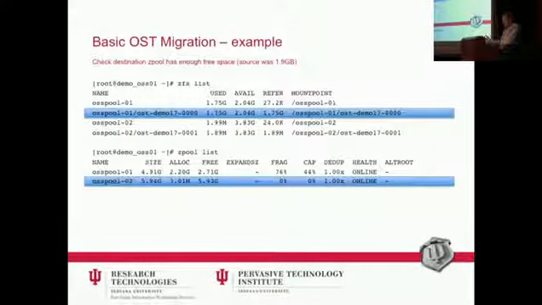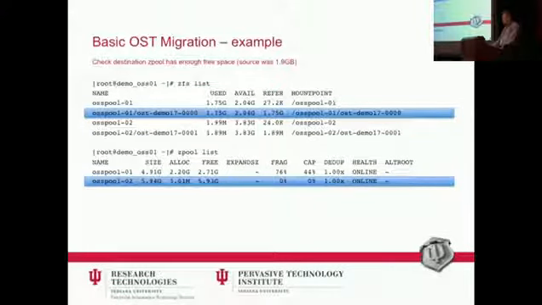One thing that, kind of the initial step that you need to ensure, is that your destination zpool has capacity to receive whatever your source OST is. So in this example, on top, the highlighted OST is roughly 1.75 gig in use, and the pool that we're going to be migrating to is on the bottom, highlighted OSS pool 02, and it has just under 6 gig free.